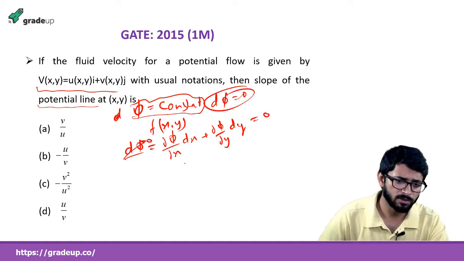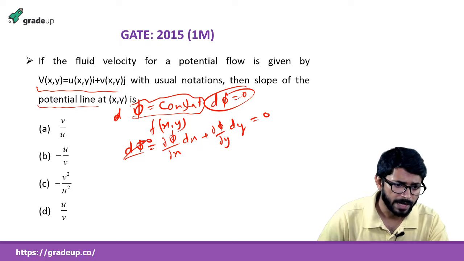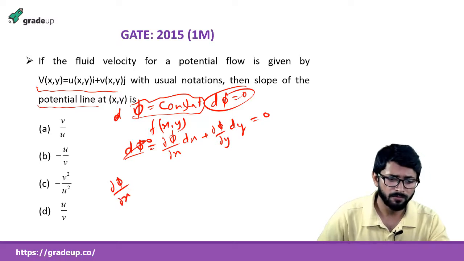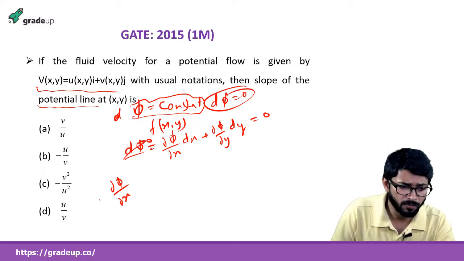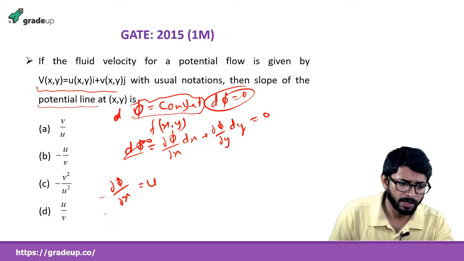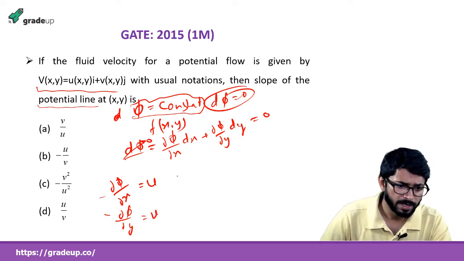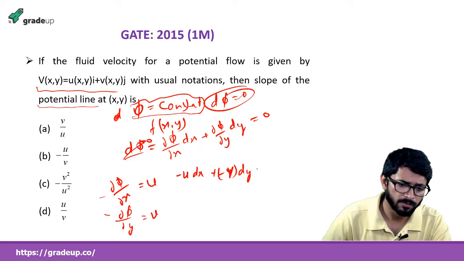Here, the negative of del phi by del x gives the u component, and the negative of del phi by del y gives the v component. Putting these in, we get minus u dx plus minus v into dy equal to 0.